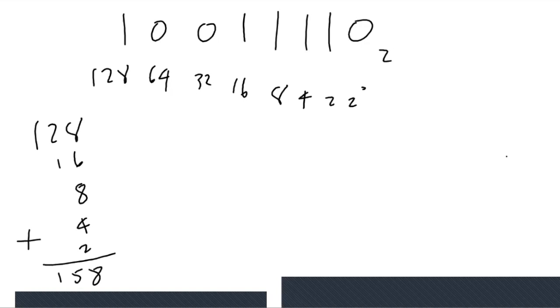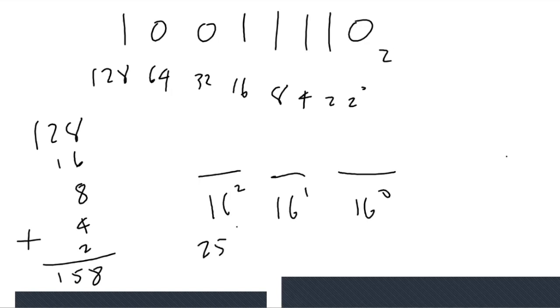Now I'm going to put our placeholders down. Here's 16 to the 0, here's 16 to the first, and I don't think we're going to go out to 16 squared, but I'll put it down anyway. Here's 256, here's 16, here's 1. The way hexadecimal works is you can go all the way out to 15.